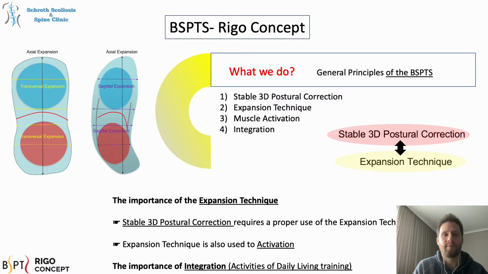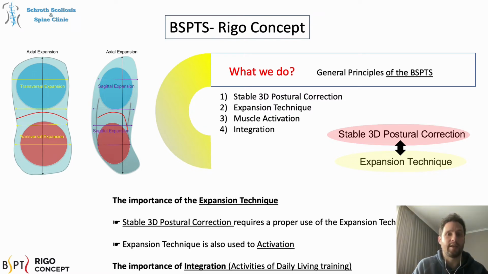Just to give you a better explanation, what we need to do in order to treat kyphosis is, first of all, bring everything into correction. So we need to correct the posture and bring not only the sagittal plane but all three dimensions into the best possible alignment.